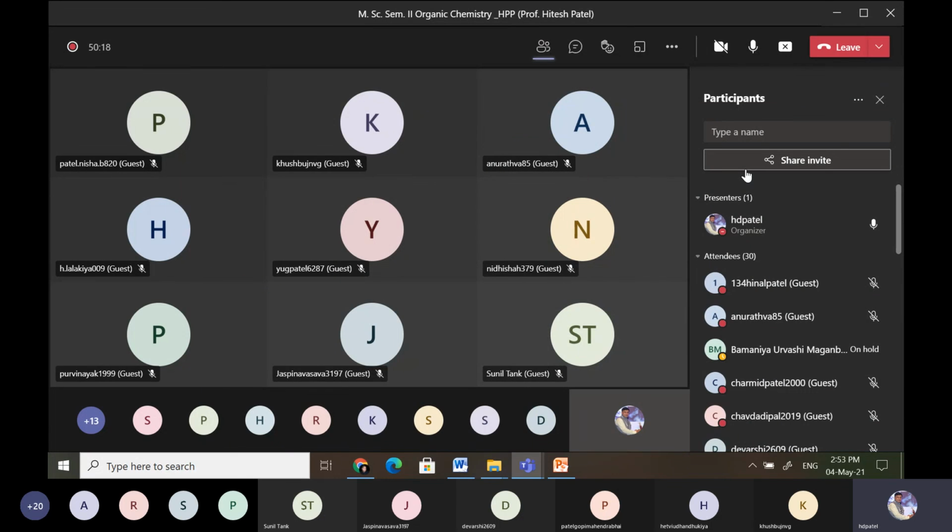Its name is sodium cyanoborohydride. It is known for the reductive amination reaction. What the reductive amination reaction is, we will discuss later on. But right now if you have any question or query, you can raise it. Otherwise we can stop over here.